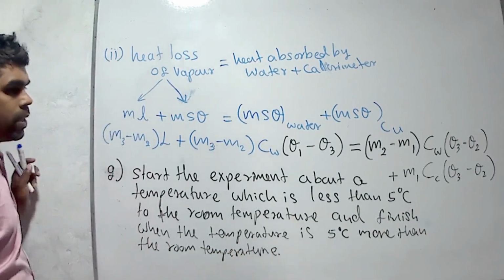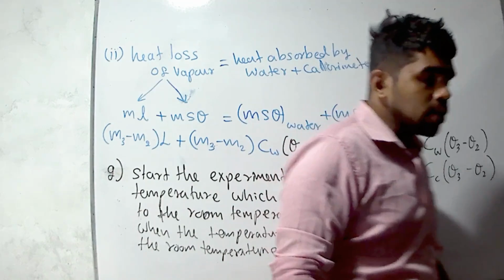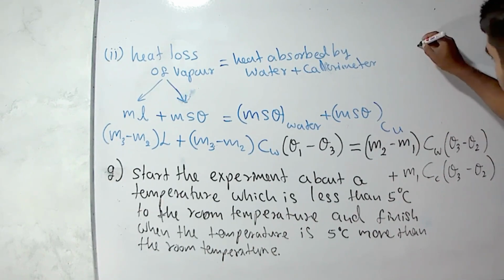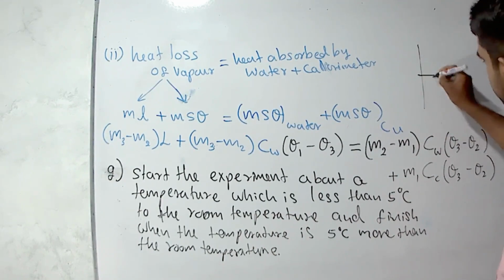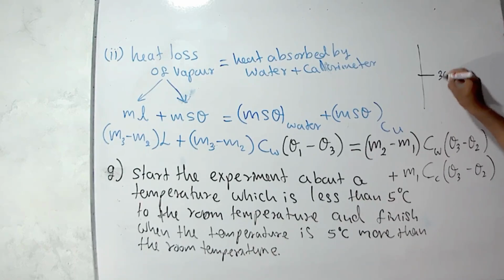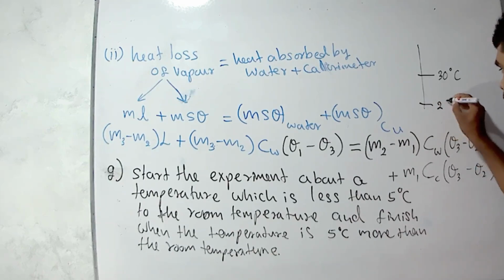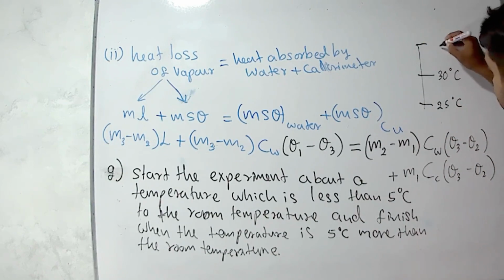It is called the heat loss correction. Consider that the room temperature is 30 degrees; this is the value I am using to describe, not given in the question. We are starting the practical from 25 degrees and finishing it at 35 degrees.